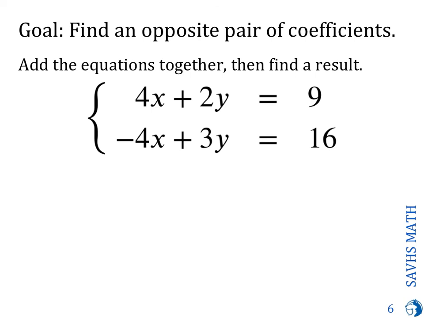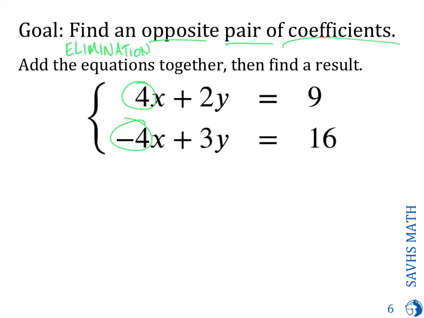Okay, the other strategy that you may have heard of is called elimination. And in elimination, our goal is to find an opposite pair of coefficients. And when I say opposite pair, I mean like 4 and negative 4. I say 4 and negative 4 because they're both on the x, but they're opposite. One is positive, one is negative, but they're the same number.